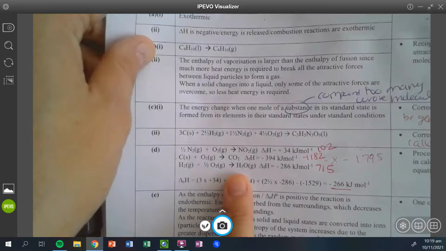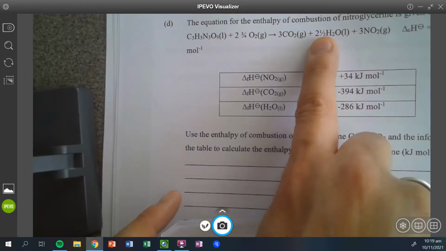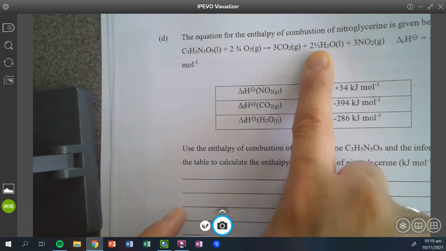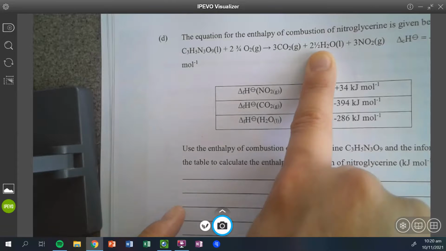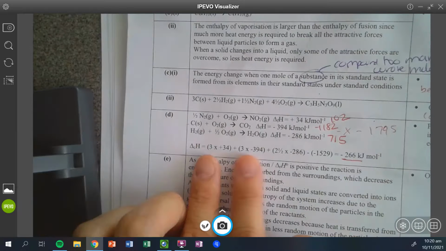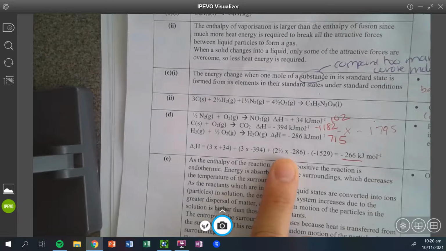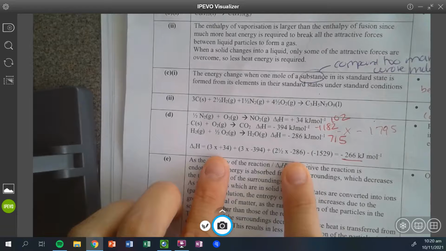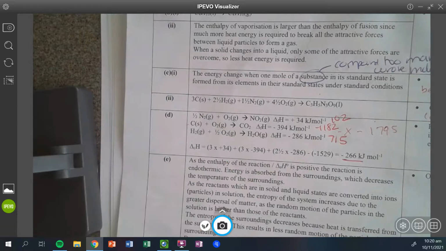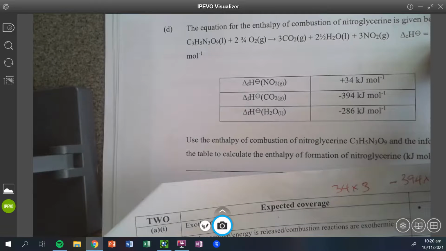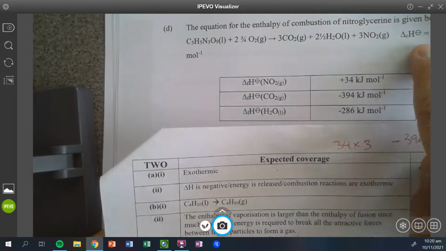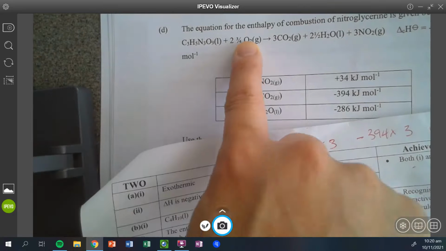And then for the water, you should have multiplied it by 2.5, because you're just taking the coefficients from the equations. Right, and then with those answers, you add all those enthalpies together, because that's the energy released from the new bonds that are formed. And then you would have subtracted away the enthalpy from here, because that's the energy required to break the bonds in all these.